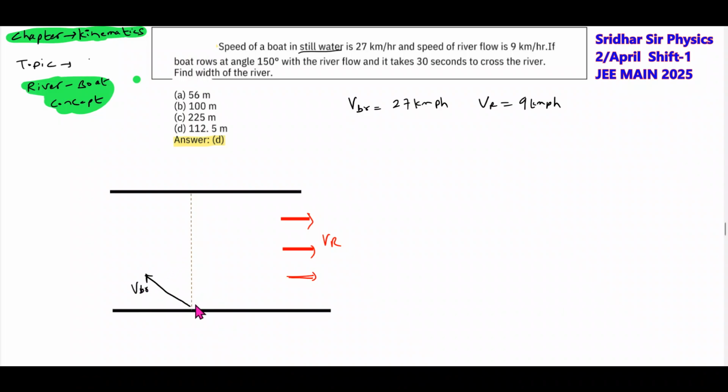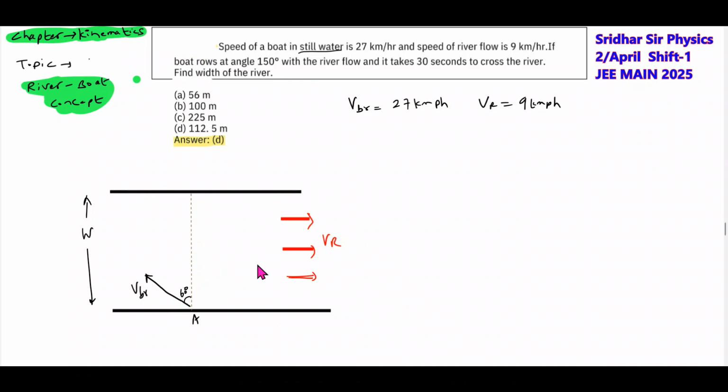VBR. This will be 90 plus 60 degrees, so this angle will be 60 degrees. And it takes 30 seconds to cross the river. It's asking to get the width of the river. He didn't say anything about where he will reach. He is not asking whether it is the shortest path, no information is there.